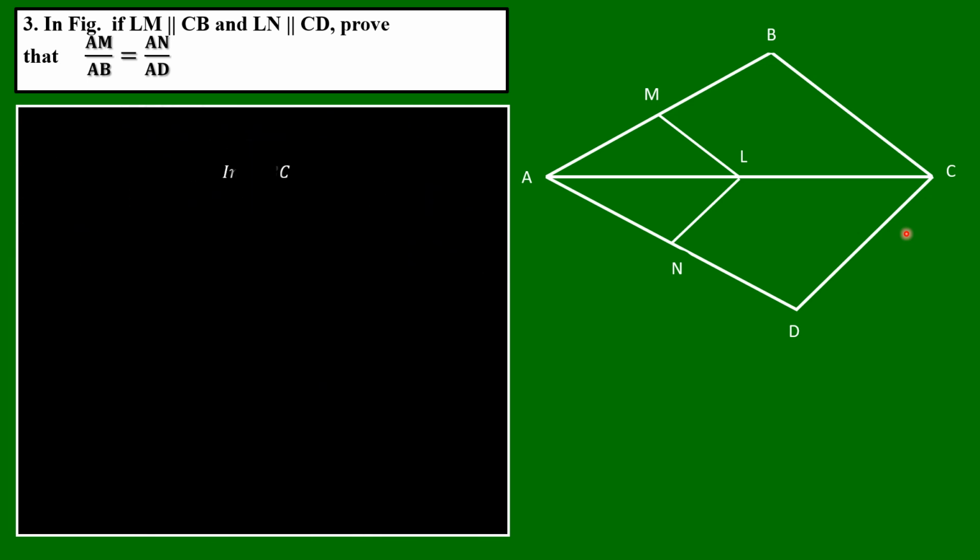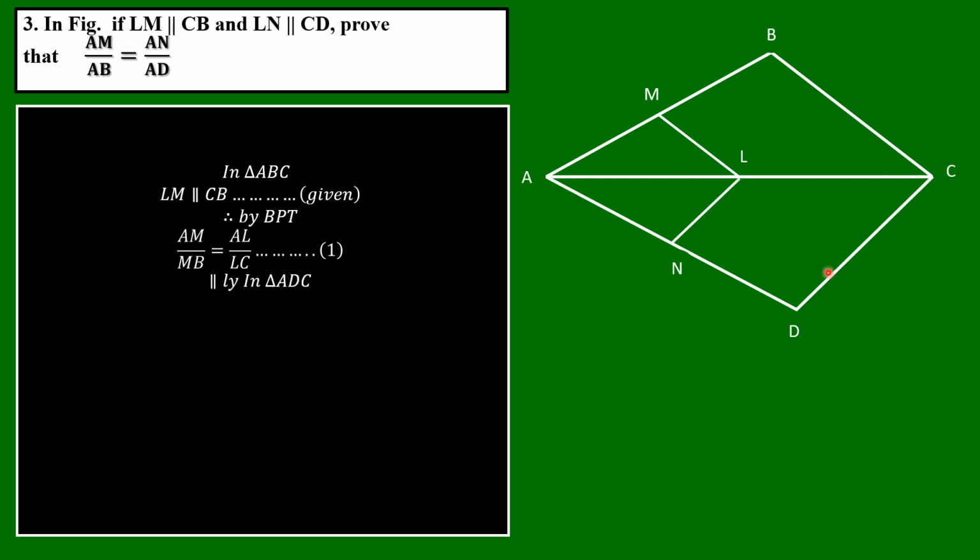Now see, in this triangle ABC, since LM is parallel to CB, so by BPT, AM upon MB is equal to AL upon LC. Similarly, in this triangle, LN is parallel to CD, so by BPT, AN upon ND is equal to AL upon LC.